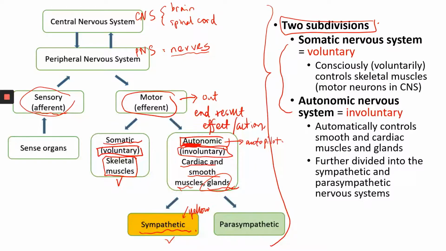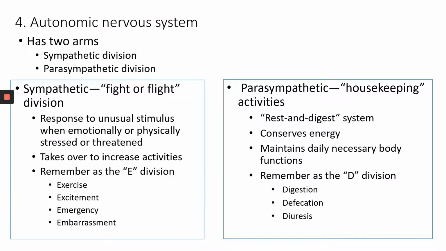On the other hand, when you're really calm, you're really restful, you are not stressed out, the parasympathetic system is going to be put into work. All right, so they are almost the opposite. So this is very important, and I have seen questions about the sympathetic and parasympathetic divisions. So again, like I said, the sympathetic usually is related to some kind of physical stress or threat. So this is what we commonly call the fight or flight division.